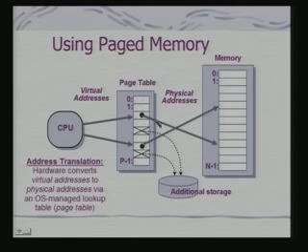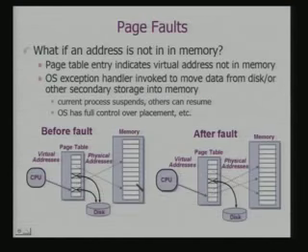So, what happens when the CPU generates an address of a page which is not in the page table? Then we have what we call page faults. Page faults occur when the CPU generates an address which is not in memory. So, the page table entry indicates that the virtual address is currently not in memory.